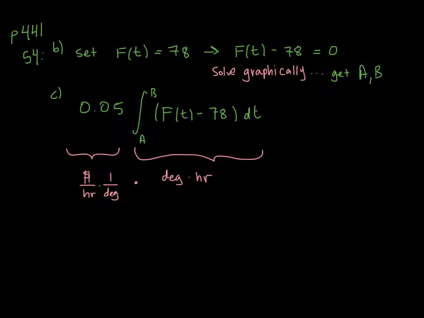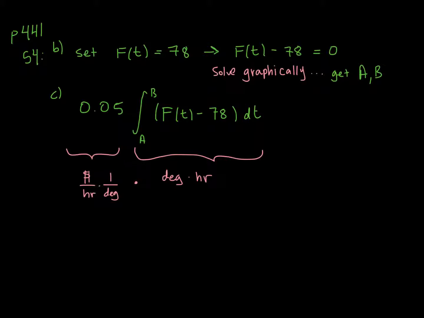Now, part C is sort of the tricky one here. I want to identify the cost to cool my house, and I know that it's going to cost me 5 cents per hour for each degree that the outside temperature exceeds 78 degrees Fahrenheit. Think about this 0.05 as being the dollars per hour per degree, because it's how much it costs me per hour for every degree above 78.